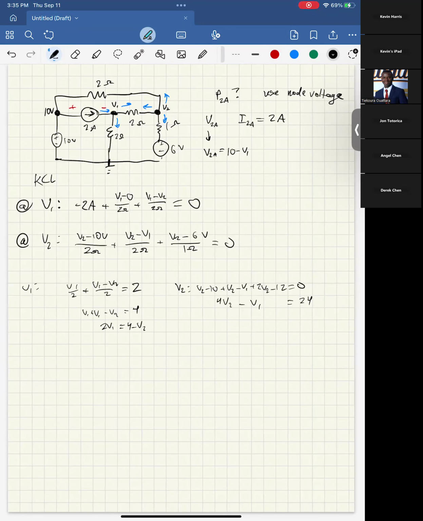Actually, how will this look nicest? If V2 equals 4 minus 2V1, then we can plug things in here.